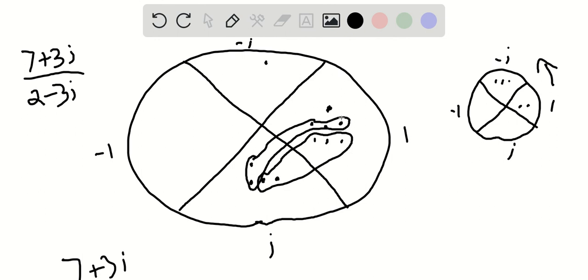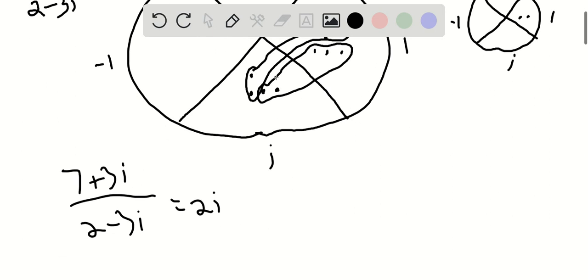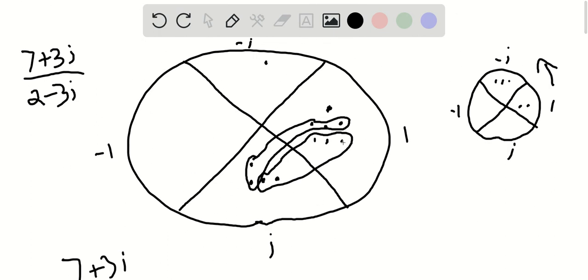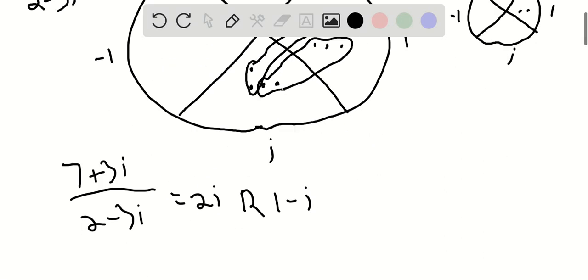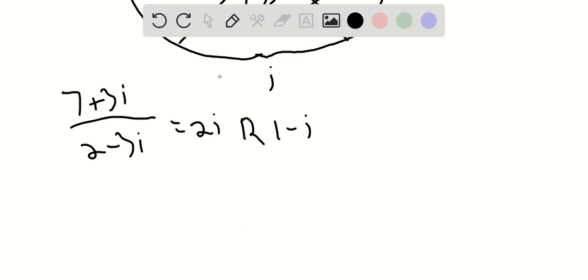And we have 1 dot at the ones level and 1 dot at the negative i's level. So it looks like here we have a remainder of 1 minus i, right? 1 dot at the ones, 1 dot at the negative i's. Okay, so our quotient, our answer to this division problem, is 2i, remainder 1 minus i.